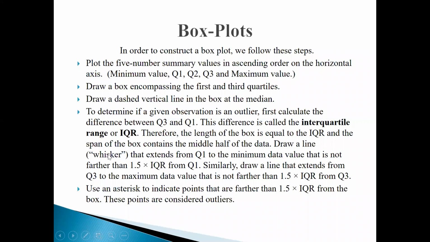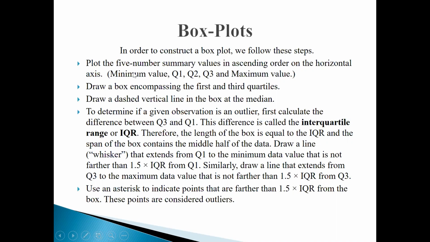Draw a line, or whisker, because it's a box and whisker plot or a box plot, that extends from the first quartile to the minimum data value, as long as that data value is not further than 1.5 times the IQR value from Q1. Okay, so we're going to go down this way, and as long as the 1.5 times IQR is further than the minimum value, we just draw a whisker to that minimum value.